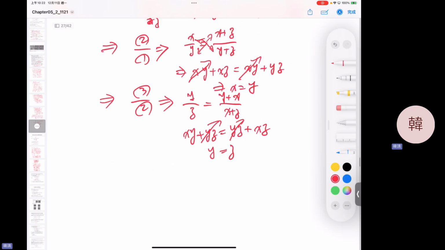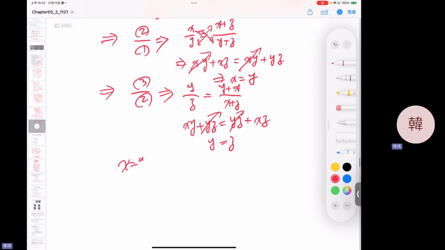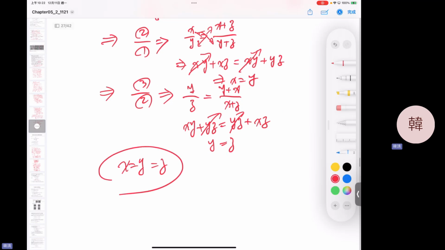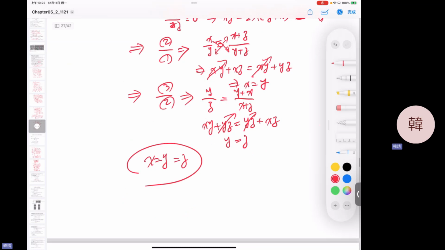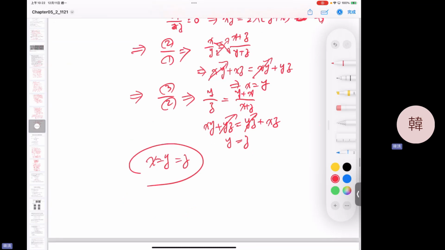Which means x should be equal to y and y should be equal to z. So in our approach through this Lagrange multiplier analysis, you have x equal to y equal to z. So what does that mean? Your surface is 2 times (xy plus yz plus xz) equal to a squared.